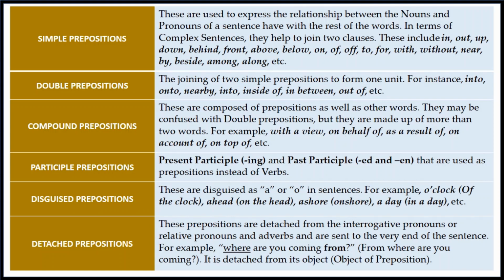It may have one word which is not a preposition, but as a whole it will be considered a preposition. For example, with a view. With is a preposition, a is an article, view is also not a preposition, but as a whole it is considered a compound preposition.